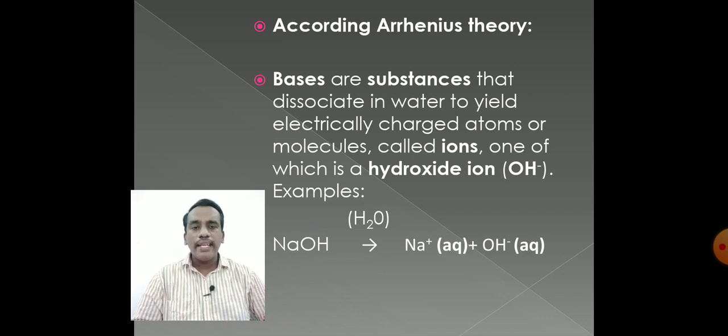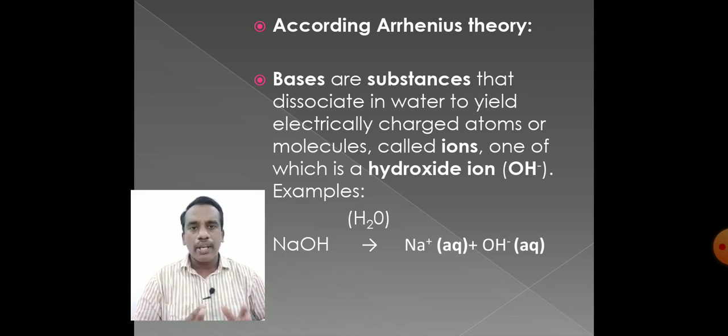According to the Arrhenius theory, what is an acid? Acid is the one that produces H plus ion when dissolved in water. Similarly, according to Arrhenius theory, a base is a substance that will give OH minus ions when dissolved in water.